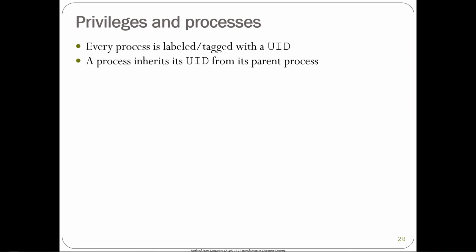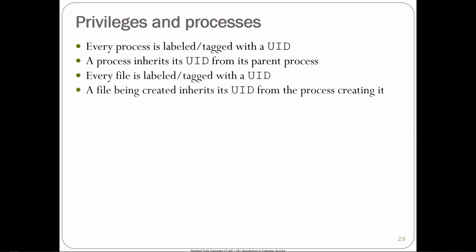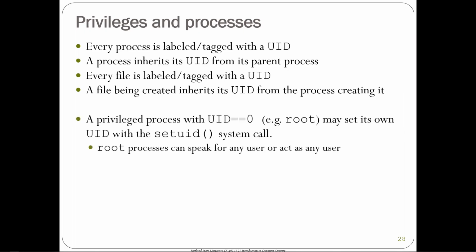So if I have a root process and I have that root process fork another process, that second process also has a root UID. So that's the way it works. You inherit the UID. Every file is also labeled and tagged with a UID, and that's what the ownership thing was that chown was doing. And if a process creates a file, the file's owner inherits the UID from the process that created it. So that's how we create files and have UIDs on those files.